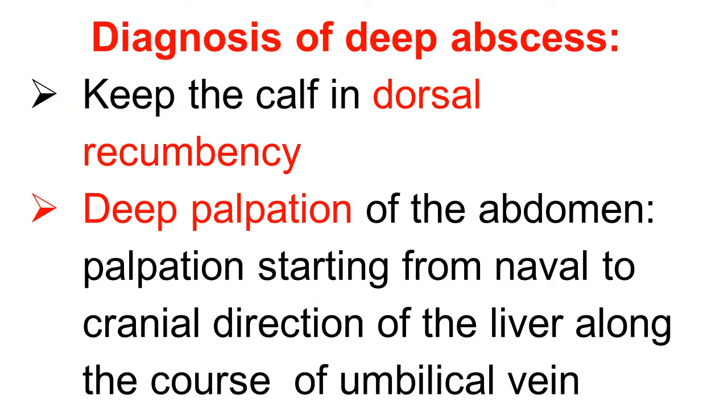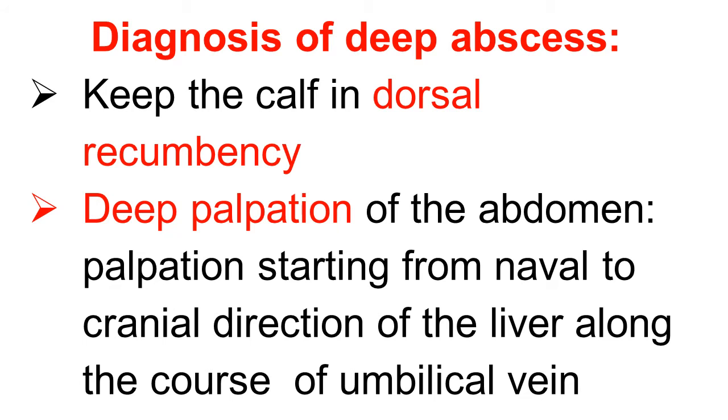Diagnosis of deep abscess. The distal abscess, the local abscess at the navel, can be diagnosed very easily. But a deep abscess requires special palpation, deep palpation. In this, keep the calf in dorsal recumbency, the vertebral column touching the ground and legs up.